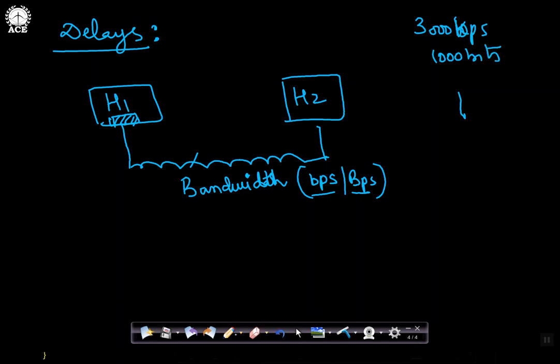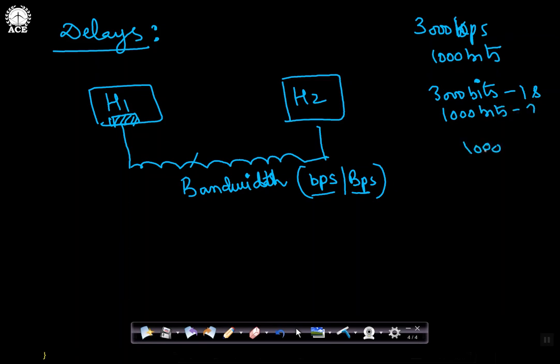meaning what? Meaning this particular channel is capable to accept or send 3000 bits in 1 second. So 1000 bits to transmit onto the channel will take how much time?